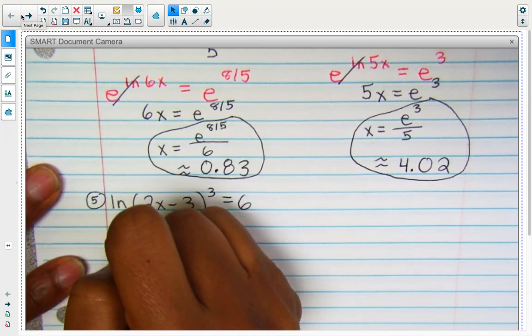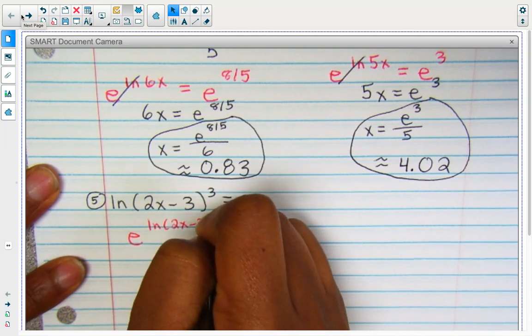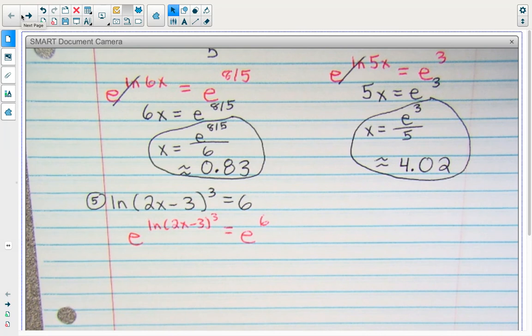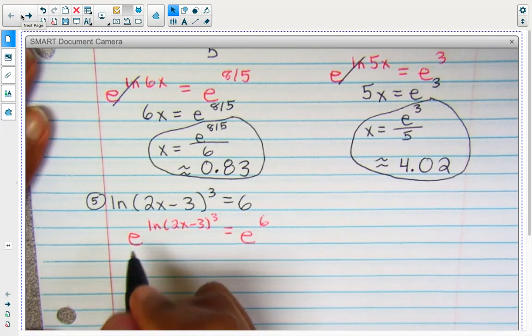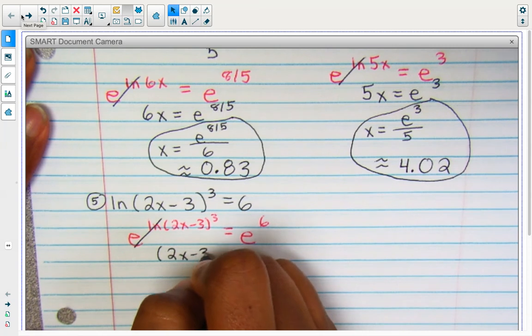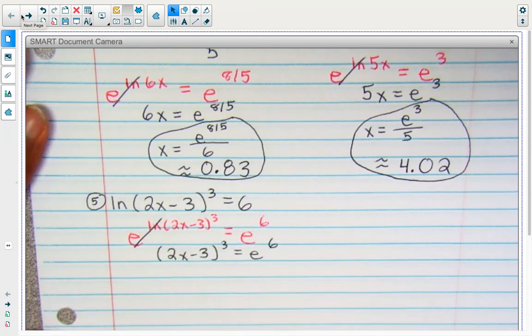So base e over here and base e on the other side. Exponentiating just means raise each side. Each side has a base of e. e and natural log cancel each other out, so I'm going to cancel these two. So we're left with (2x minus 3) to the third is equal to e to the sixth power.